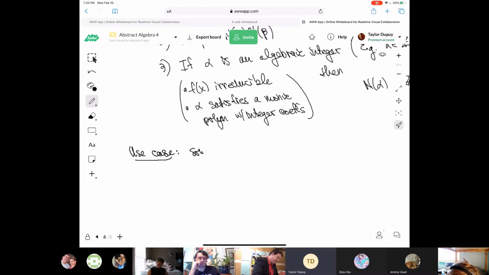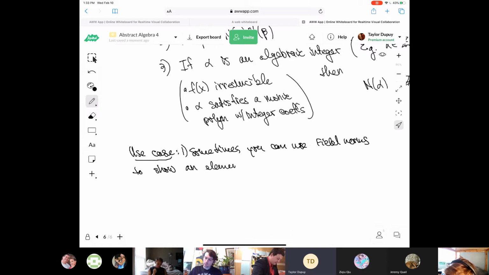Sometimes you can use field norms to show an element is irreducible, to show a ring is not a UFD, for example Z adjoin square root of -5.